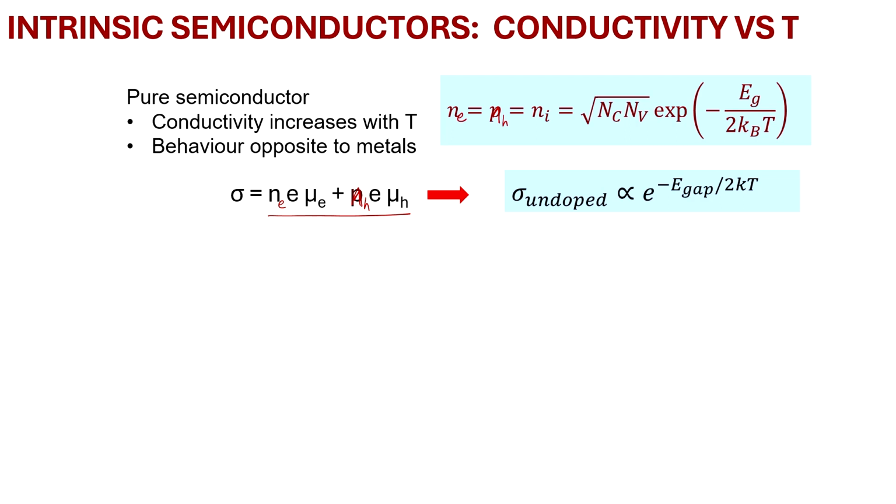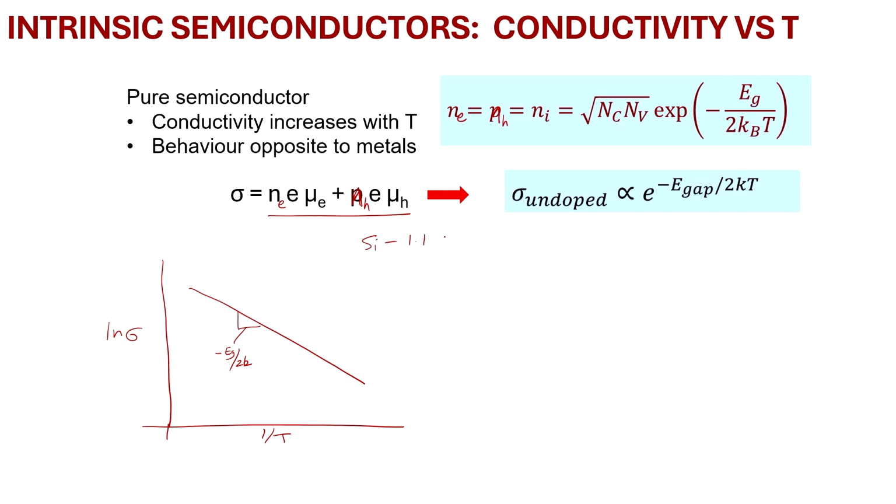So, if you plot ln sigma over 1 over T, we should get this kind of Arrhenius behavior, and the slope will give us minus Eg by 2k. If you look at the band gaps of materials, silicon is 1.1 eV, germanium is 0.67 eV, and gallium phosphide is 2.25 eV.